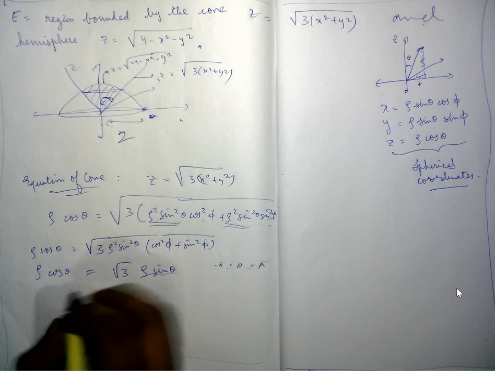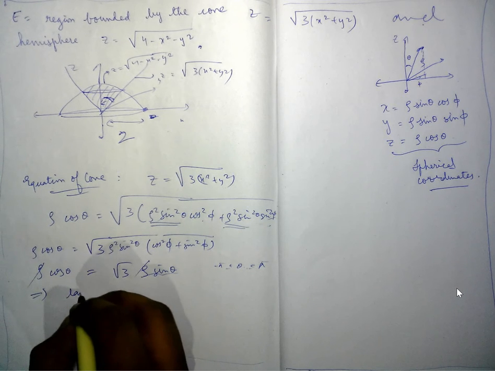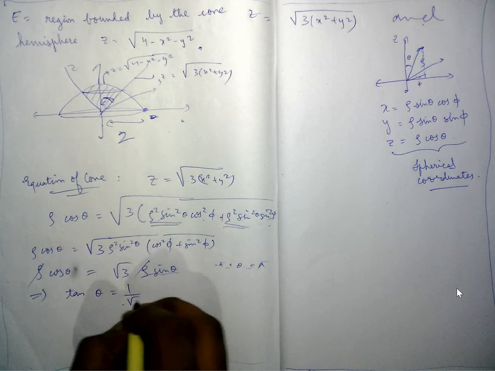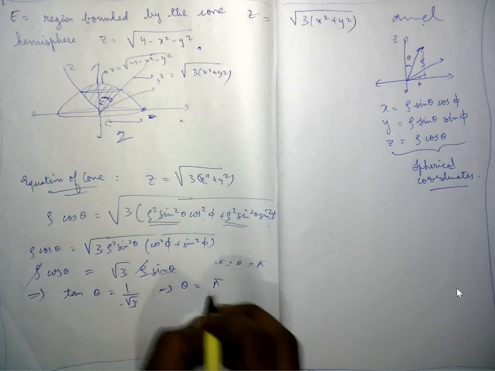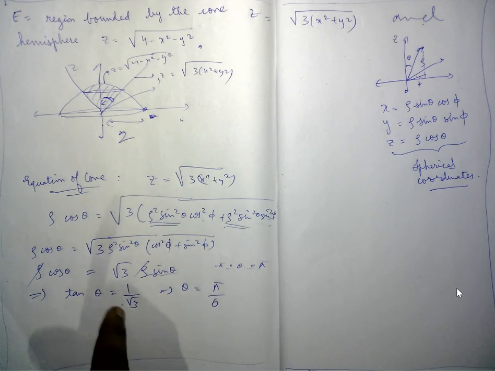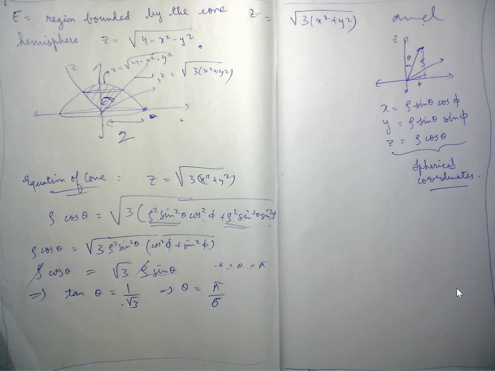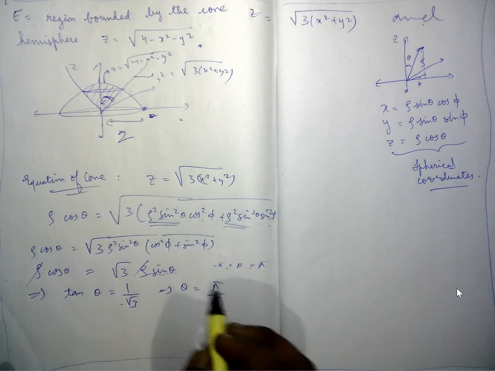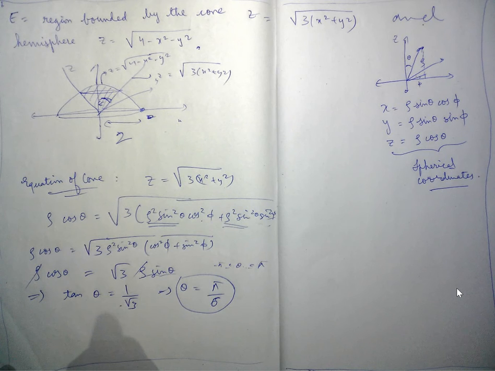Finally, rho and rho get cancelled out, and this is actually tan theta equal to 1 by root 3, that is theta is equal to pi by 6. So tan theta is 1 by root 3 when theta is 30 degrees, that is theta is equal to pi by 6 in terms of radians. So the equation of the cone in terms of spherical coordinates is nothing but theta equal to pi by 6.